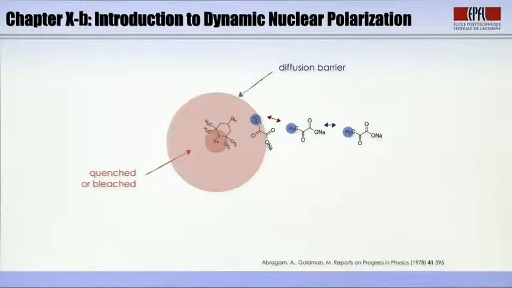The spins that are inside this space are said to be quenched or bleached because their frequencies are shifted away from the usual NMR frequency. And the limit between this area of space and the bulk area of space is usually called the diffusion barrier. And this diffusion barrier usually has a radius of about half a nanometer.